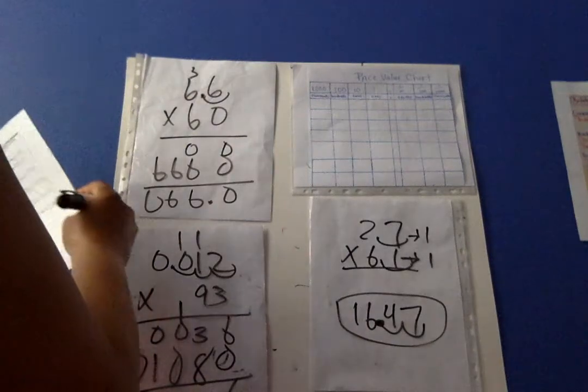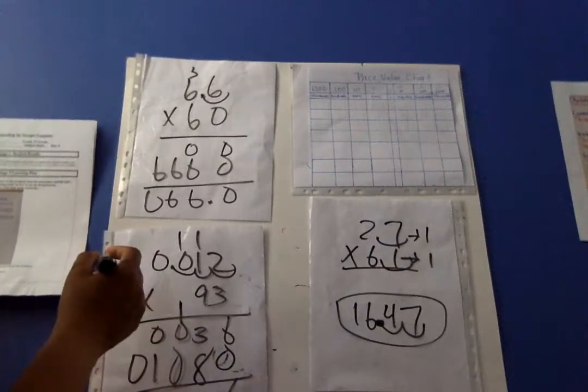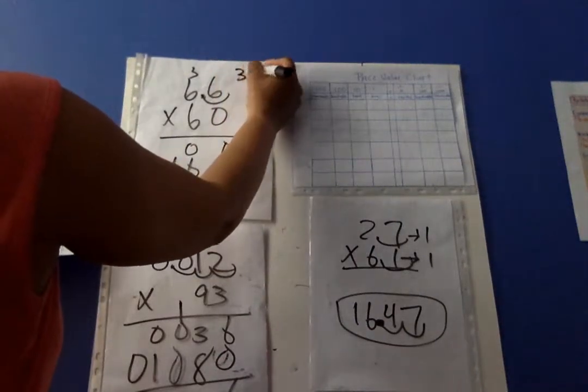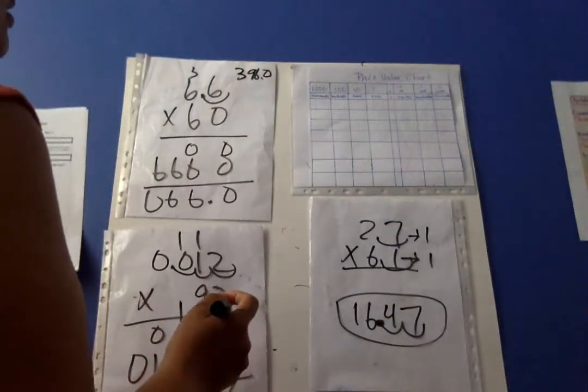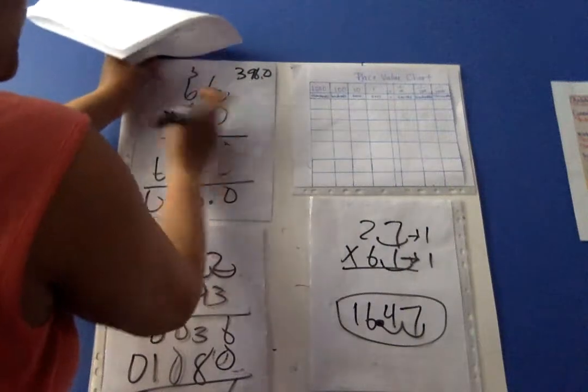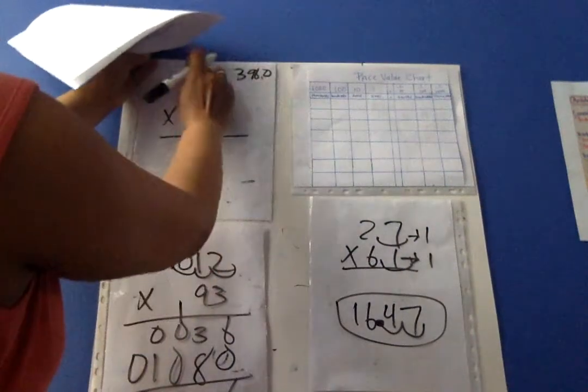You had 396.0. So that's different than what I have. So let's go over it again together. Let's see where I've gone wrong in this.